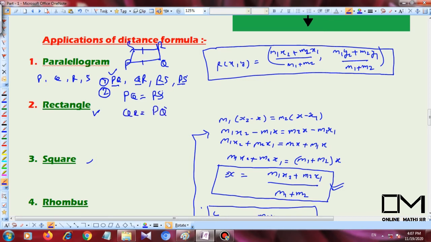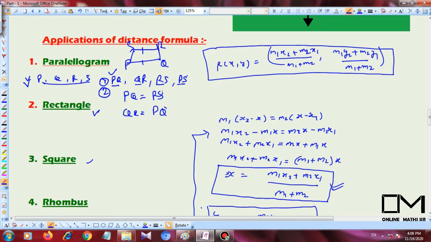This is the required condition to prove that these 4 points make a parallelogram. Clear? So this is the first method.